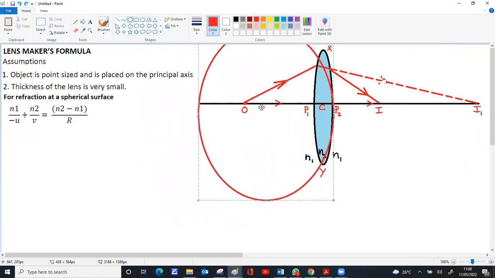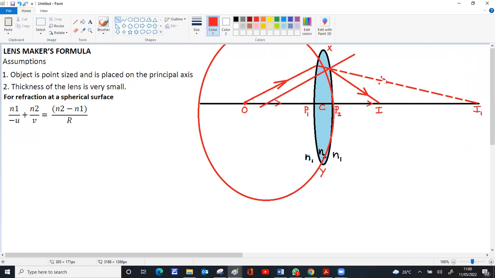The center will be here. So if you draw the normal, this will be the normal. So if this light ray bends, it is going from denser to rarer, so it bends away from the normal. That's why it goes towards the principal axis.